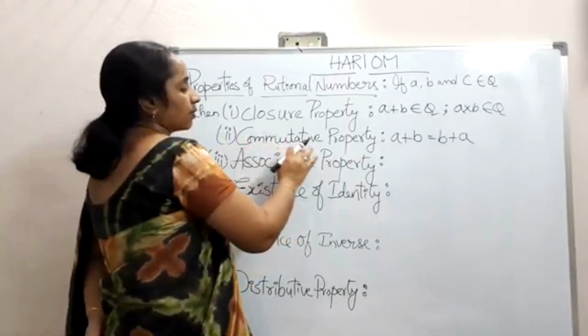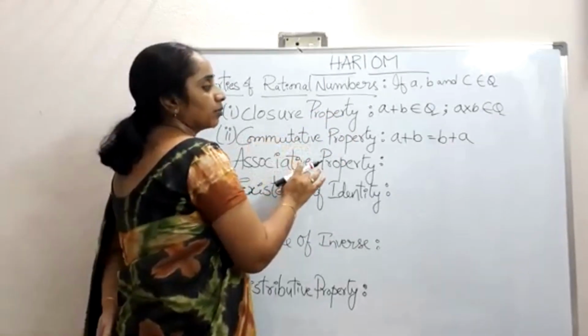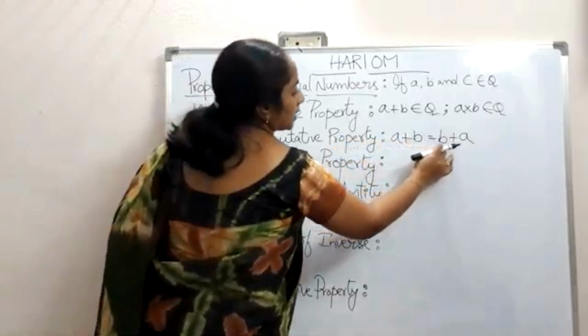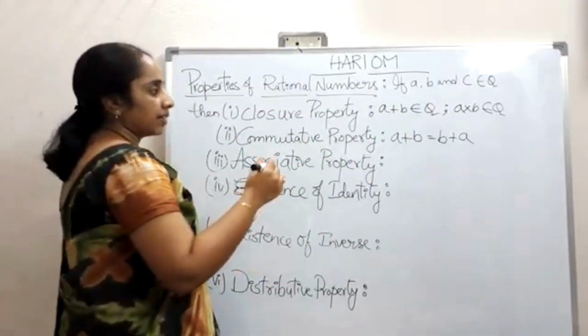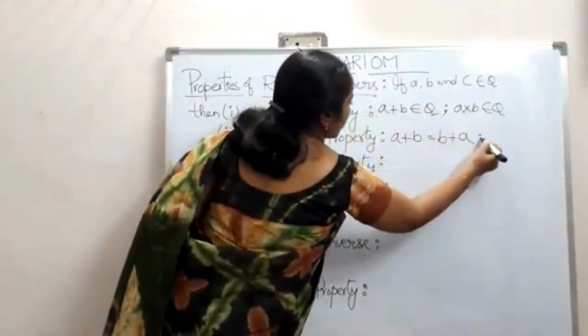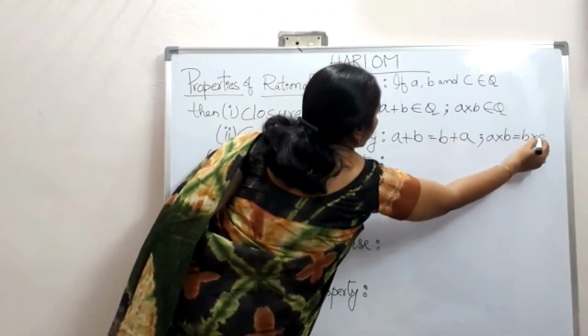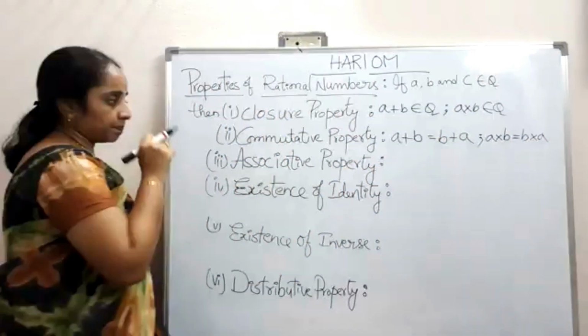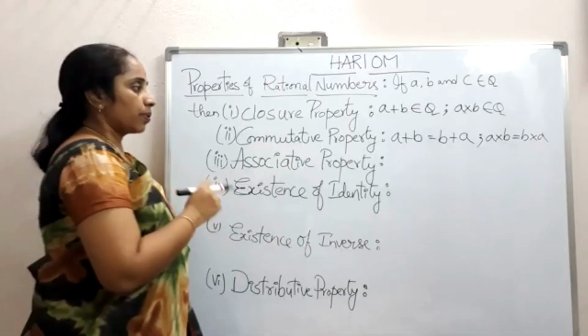The next one is the commutative property. In this commutative property, a plus b is equal to b plus a. The same under multiplication we can define as a into b is equal to b into a. And the next one is the associative property.